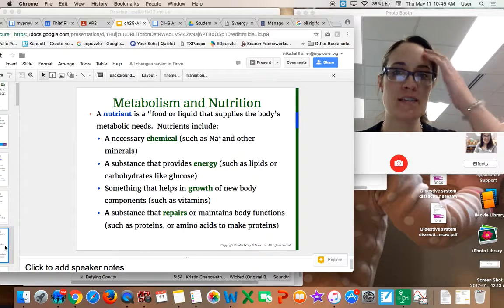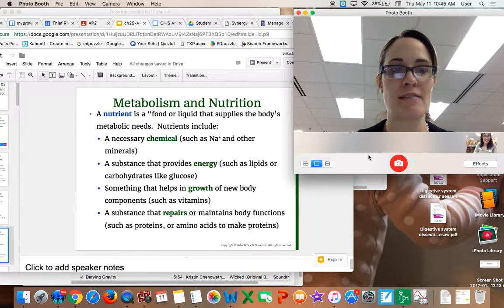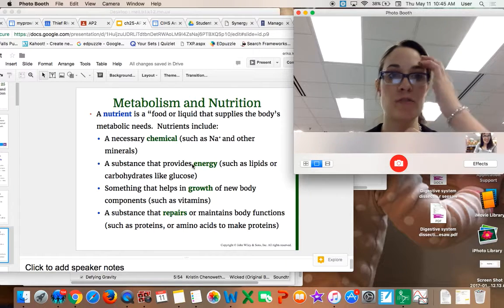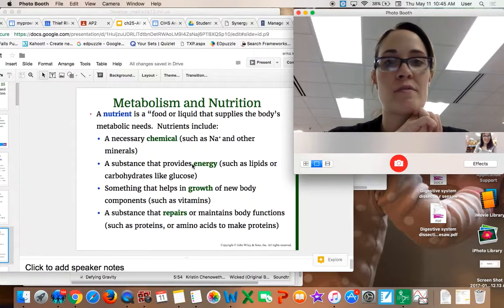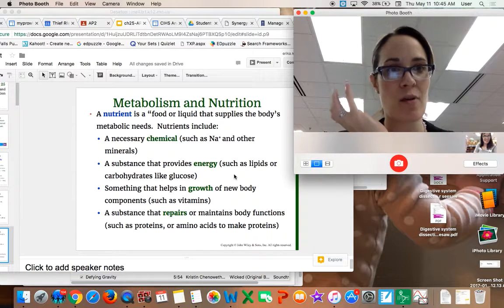So a nutrient is anything, a food or liquid, that your body needs to meet its metabolic needs. It can be a chemical like sodium. We've talked a lot about sodium when we talk about nerve conduction, the communication between nerve and muscles. It can provide energy, like lipids and carbohydrates.